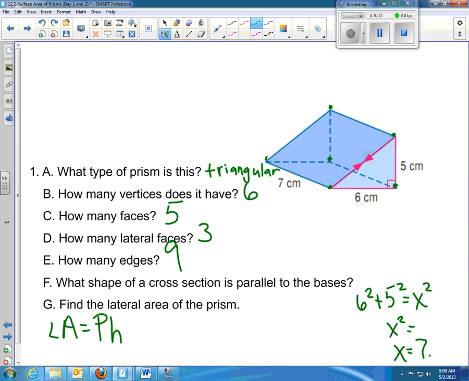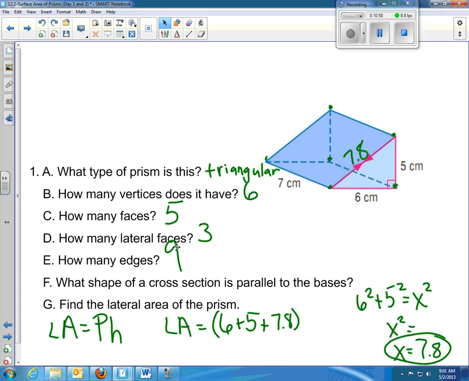All right, I ended up with that missing side, when I round it, being 7.8. Now I'm going to add all those 3 together, and I'm going to multiply by the height. So 6 plus 5 plus 7.8 times the height. Now here's the tricky thing you need to remember. The height is the one that's not included in the base. I'm sure you guys went right to this 5. Well, that's the height of the base, but not the height of the prism.